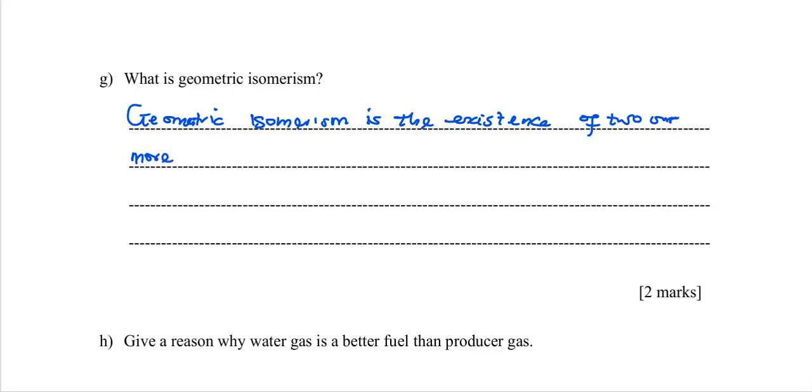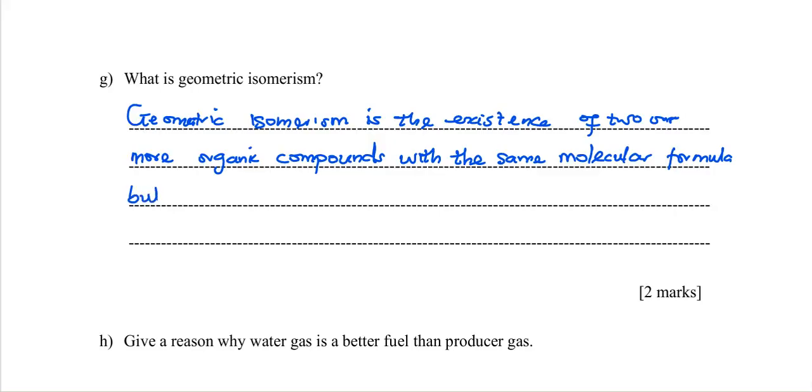Let's be specific, we can have two or more organic compounds with the same molecular formula but different arrangements of atoms round a carbon double bond.